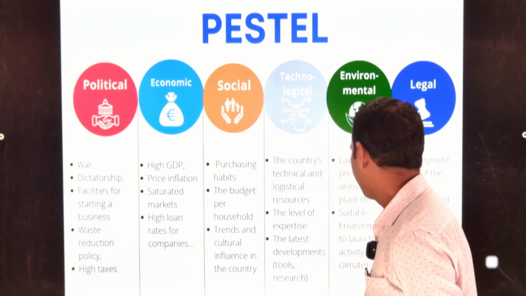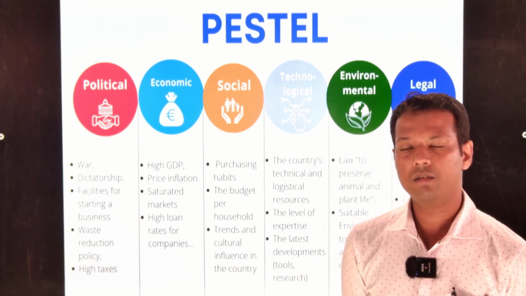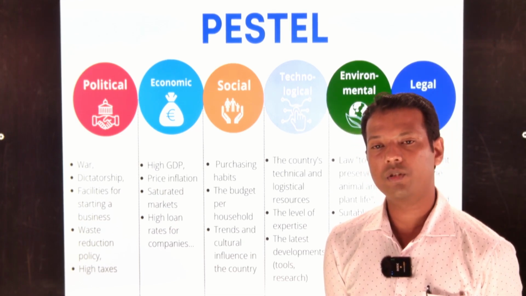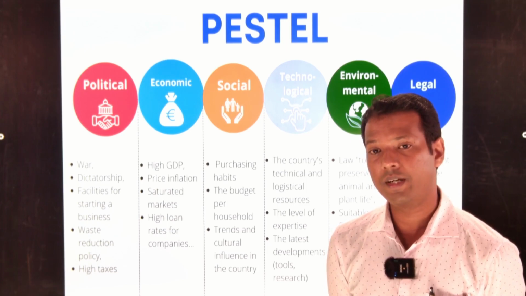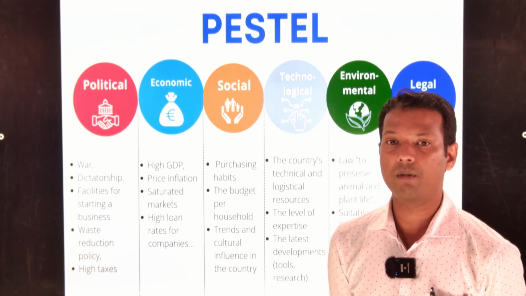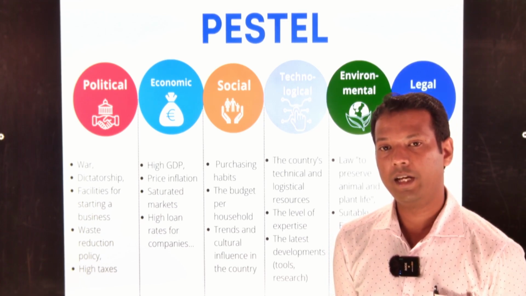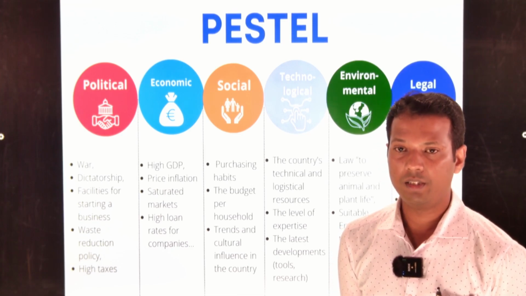Next is environmental. Environmental means that any organization or any company entering into any market has to be considerate enough for environmental causes. They have to understand what kind of environmental damages they are going to cause in those particular locations.